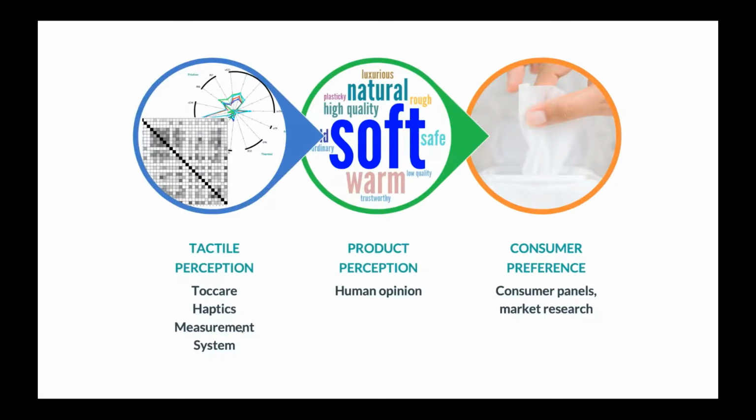We'll never be able to eliminate the green circle, it's there, but the idea is that we can have more and more confidence in that orange circle, in that last step of what our customers are going to prefer. And again, being able to be a bit more proactive in our approach instead of just reactive.